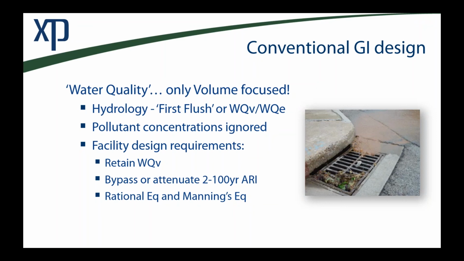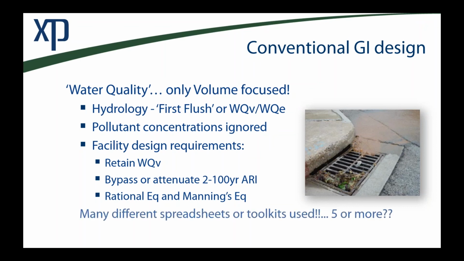These calculations, this design, is most often done with a rational method, Manning's equation, or equations along that line. The point I want to make is that many different spreadsheets and tools end up getting used. So I said 5 or more.